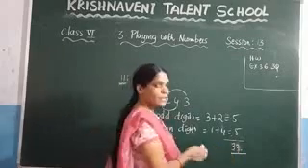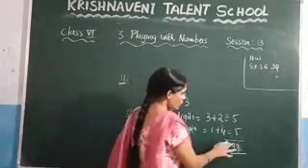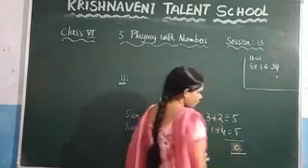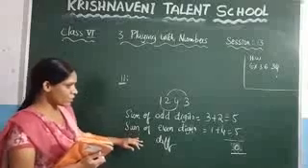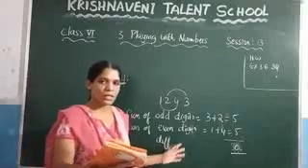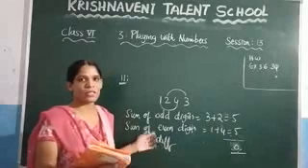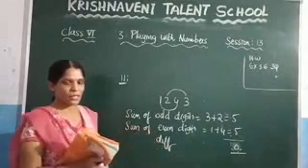So you can say that the number is divisible by 11. So, what will be the condition here? The difference between the sum of the odd digits and the sum of the even digits is either 0 or a number divisible by 11. Then we can say that the given number is divisible by 11.